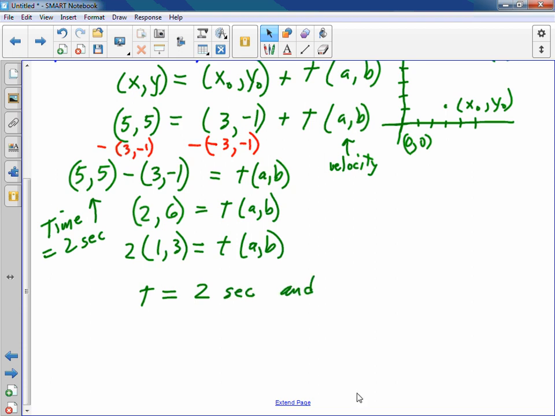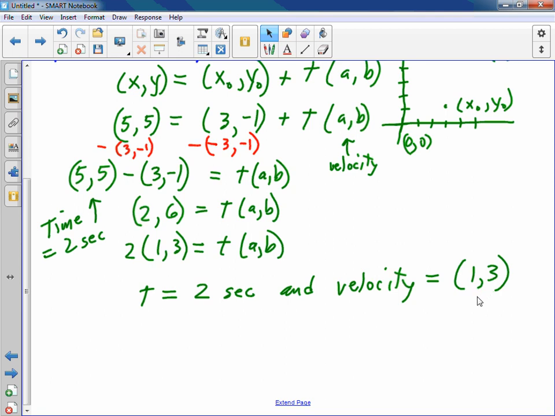And velocity equals (1, 3). And I know you're not used to seeing velocity expressed like that. You're used to velocity being like north 27 degrees. But see, that's more of a polar expression. This is a rectangular expression for velocity.